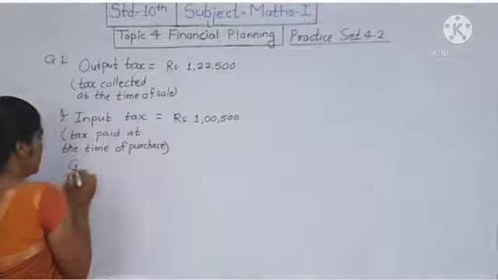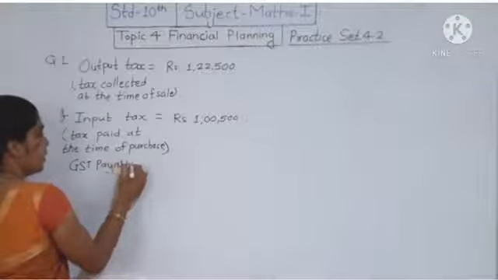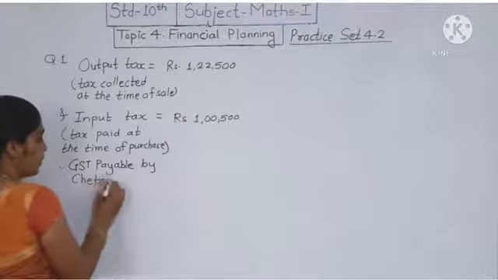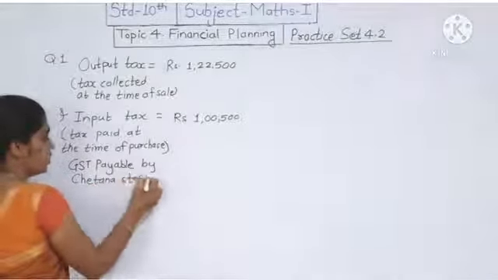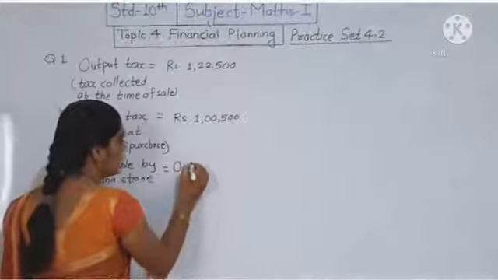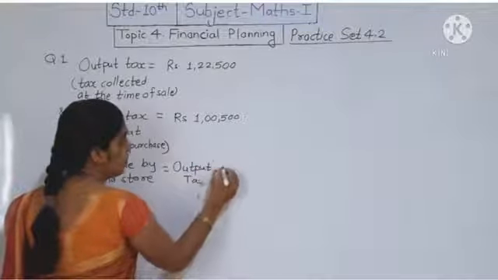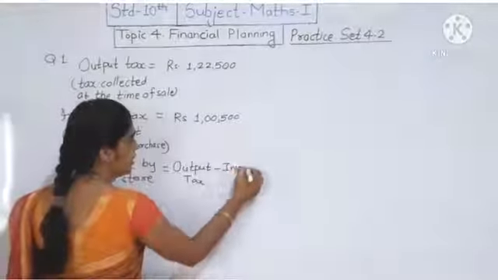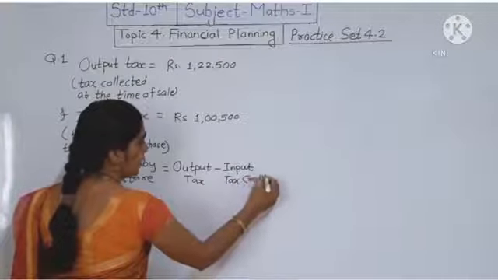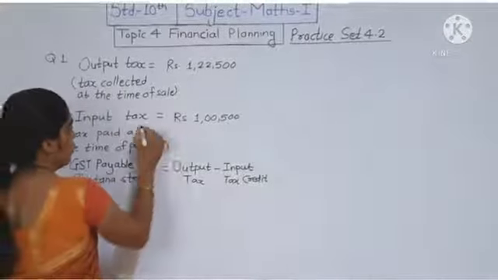Therefore, GST payable by Chetna Store is equal to, what is the formula for GST payable? Output tax minus input tax credit. Here input tax is also called input tax credit.